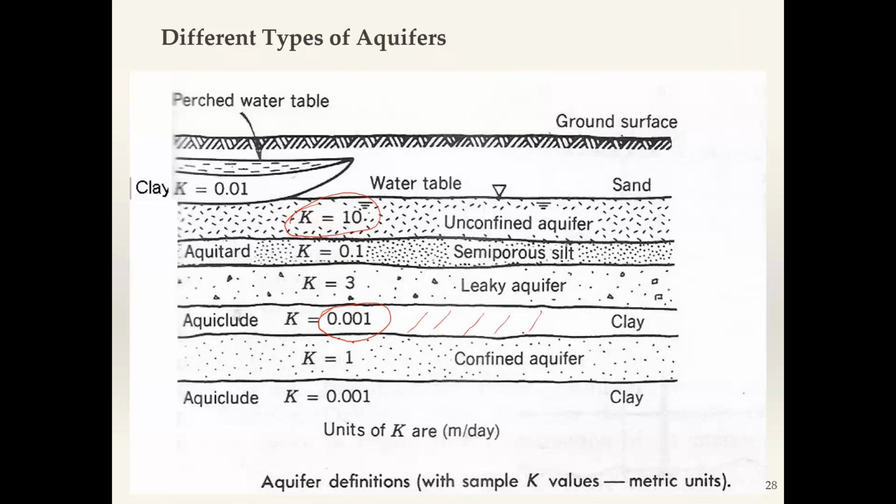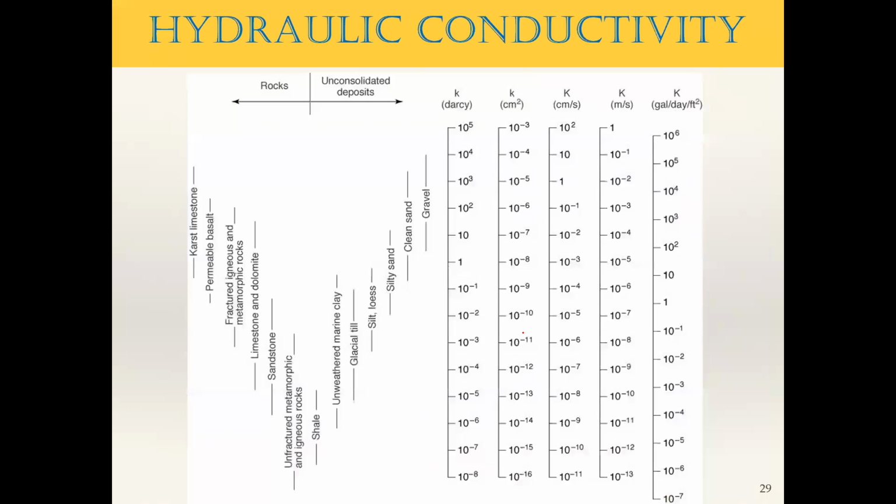So better to have some idea about the magnitude of these different geological formations, right? Now, in different fields, the hydrologists or the civil engineers are not the only ones who use aquifers. For example, if you consider the petroleum industry, they use different definitions and different terminologies. To indicate the hydraulic conductivity, we normally use meter per second or meter per day.